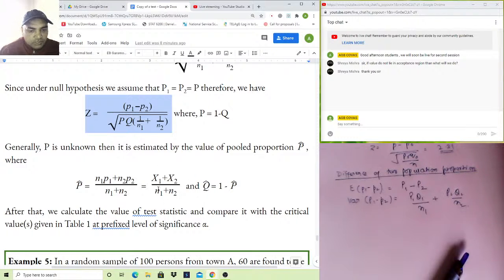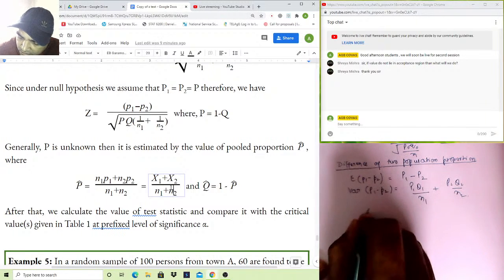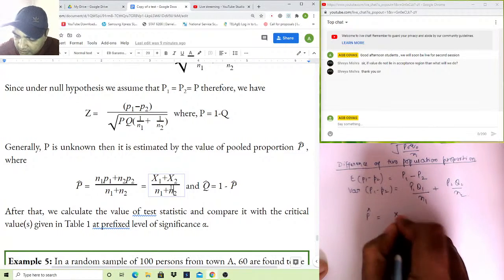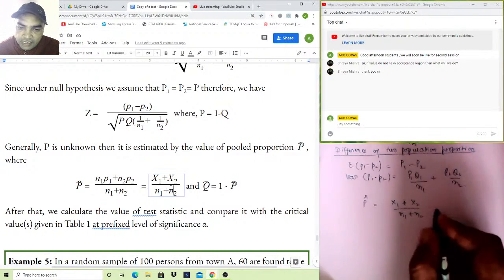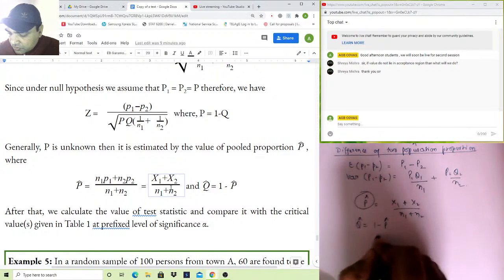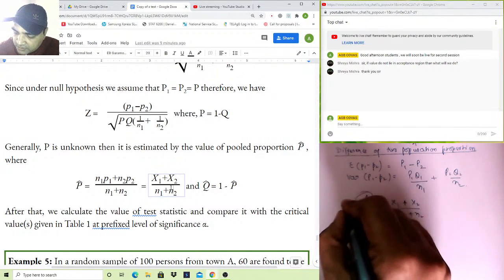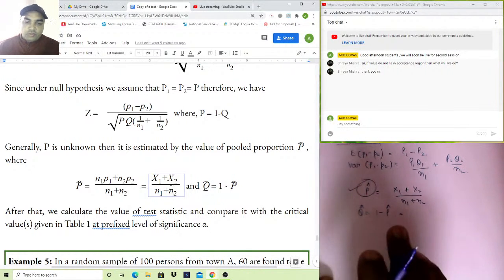Since n1 p1 is nothing but x1, and n2 p2 is nothing but x2, the pooled proportion is equal to (x1 + x2) upon (n1 + n2). Once we know the pooled proportion p bar, q can be calculated as 1 minus p bar. Whatever p value you get, subtract it from 1, and you will get q.